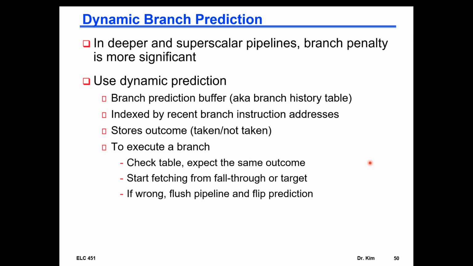So you may have a large number of instructions being executed in the processor at any given time. And if you have to rewind your execution stream and flush the pipeline or the pipelines, it may be a big impact on performance. So one way to try to mitigate that is to use dynamic branch prediction.